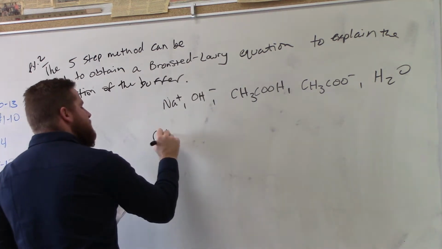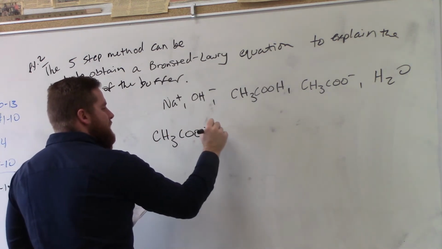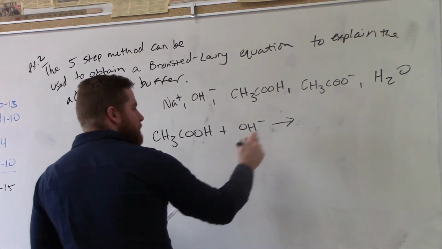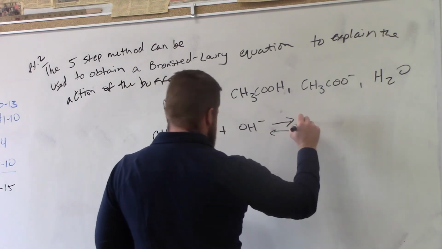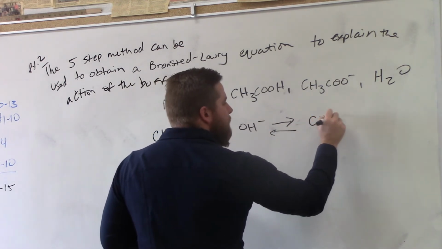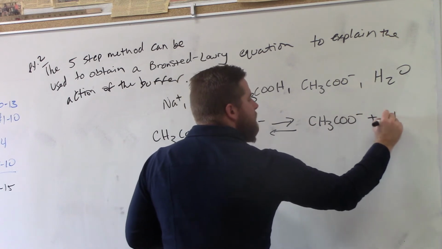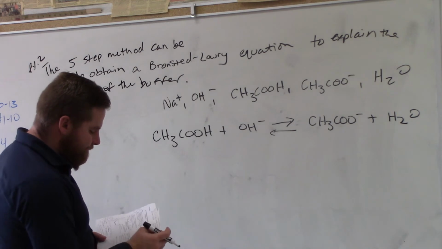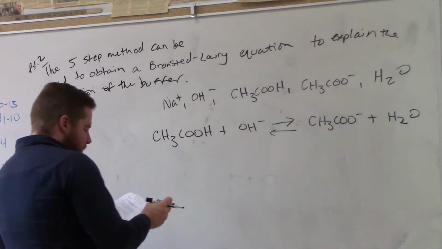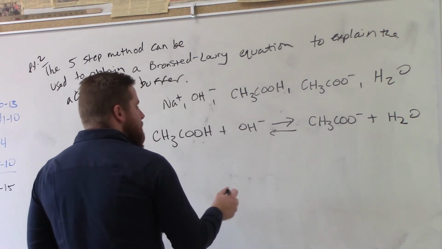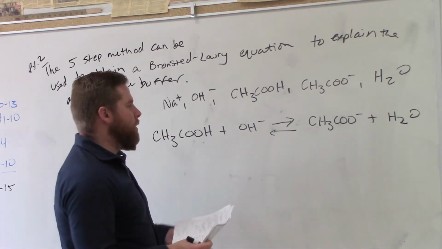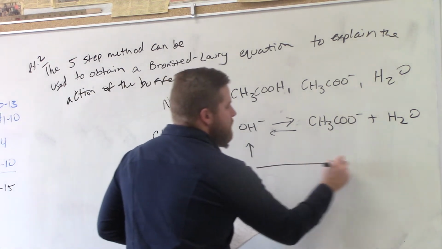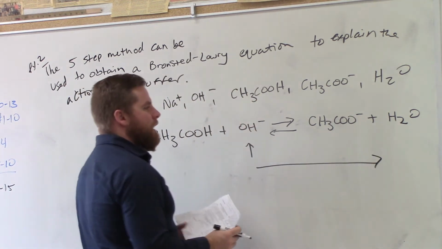So again, this equation, this is my weak acid and my strong base. And what ends up happening is I have a weak conjugate base and a weak conjugate acid. Okay? So, here is why the buffering system works. So if I add hydroxide, the system shifts away from the hydroxide.